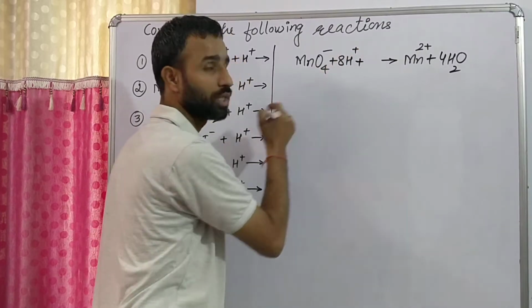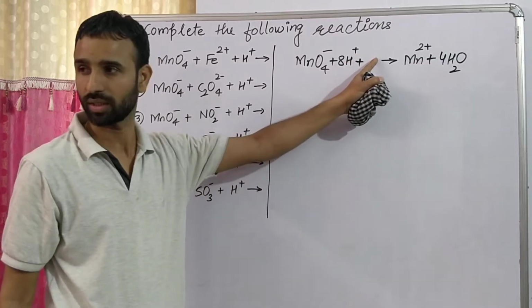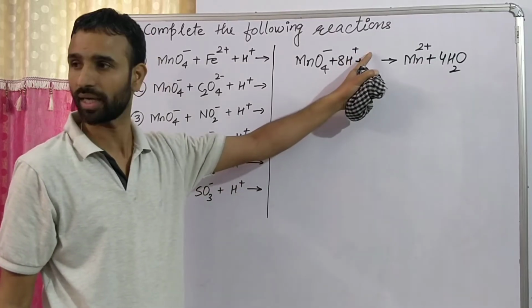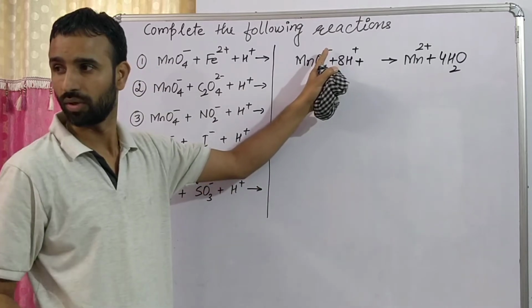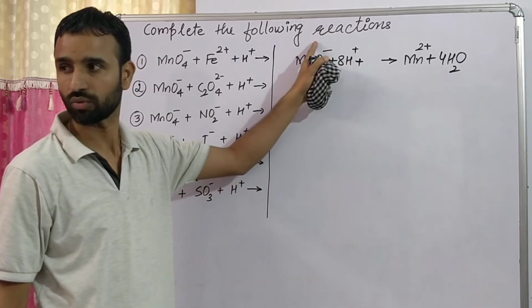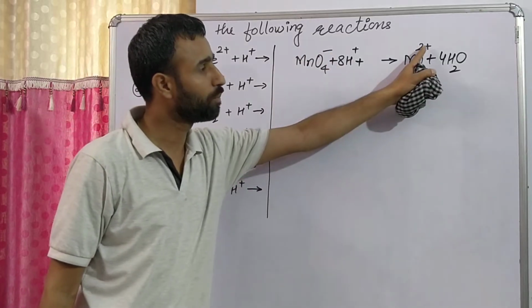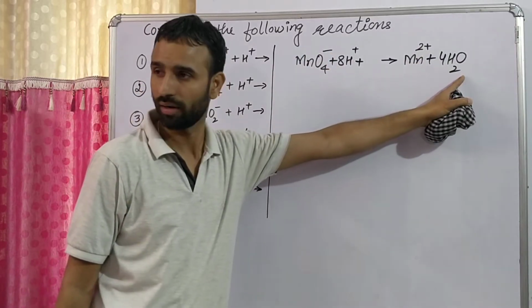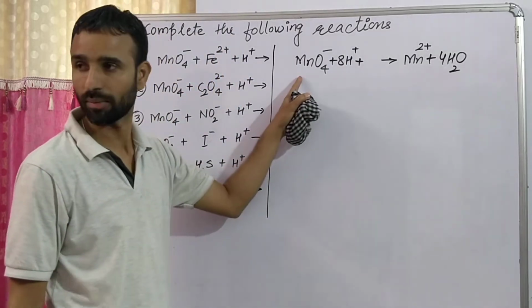Because 1 H is 1 plus, so 8 H means 8 plus, and MnO4 has 1 negative, so 7 plus. Here Mn2 plus is 2 plus and water is neutral, so the total charge on this side is 2 plus and on the other side 7 plus.